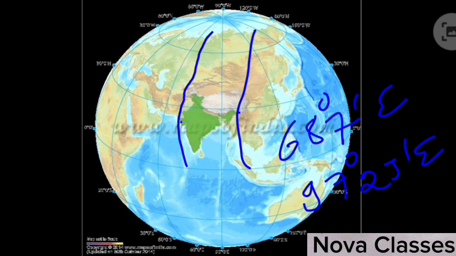That is the latitudinal and that is the longitudinal. The longitudinal extent of India is 68 degree 7 minute east to 97 degree 25 minute east. Is that clear, everyone?